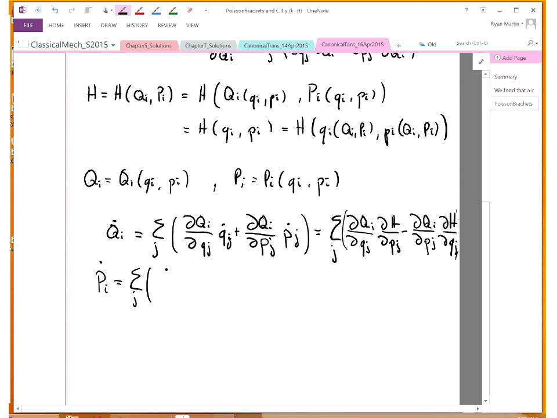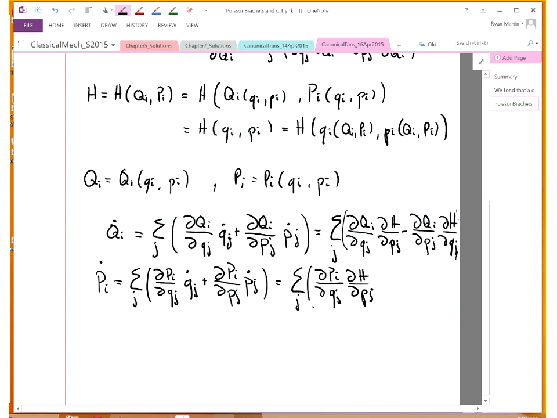I can do the same thing to Pi dot. Right? I can think of Pi dot as a function of lowercase q and lowercase p. So if I write Pi dot with the chain rule, I have the sum over all the variables that Pi depends on. So I have ∂Pi/∂qj, dqj/dt, which we call qj dot, plus ∂Pi/∂pj times pj dot. And then again, I can insert the canonical equations there to get rid of the qj dot and the pj dot.